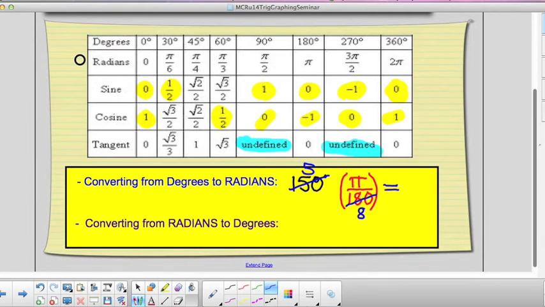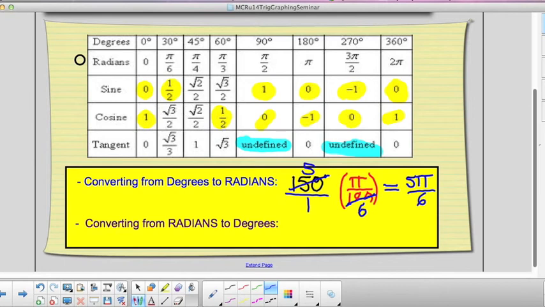So because I'm putting 150 degrees over 1, basically you have 5 pi. Oh, sorry, not by 8. My mistake. This should be a 6. 30 goes into 180 6 times. So we have 5 pi over 6, because 3 times 6 is 18. So that's the main way to convert from degrees to radians.